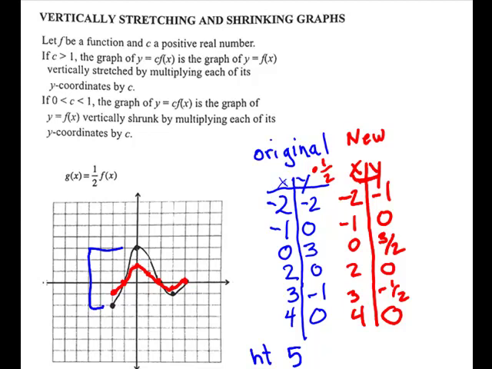So that will be 2 1/2, which is half of the 5. And it's between 0 and 1, so it's going to shrink it by a factor of 1/2.